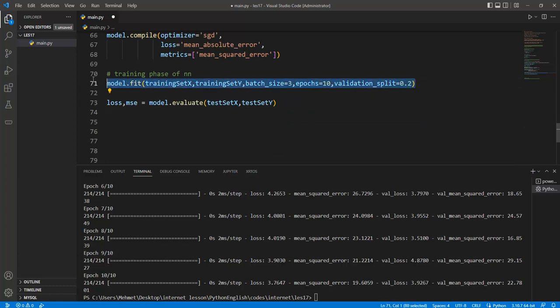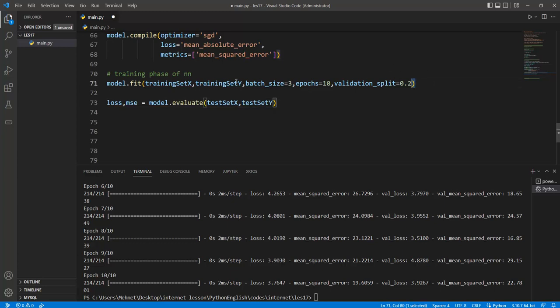If our algorithm runs well with the training set x and training set y, then any data coming from the test set x and test set y should give the general matching performance.